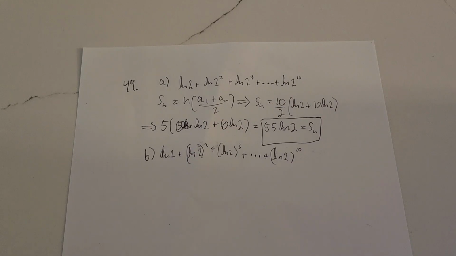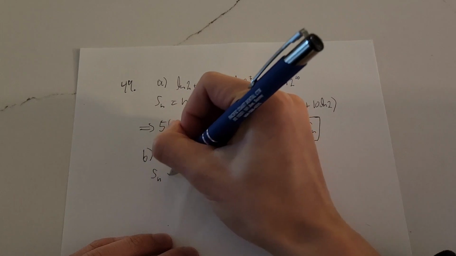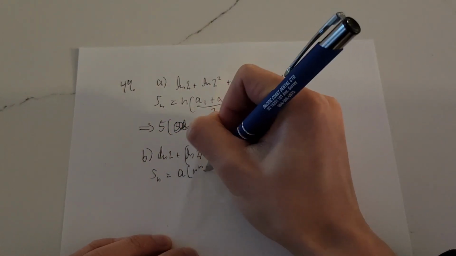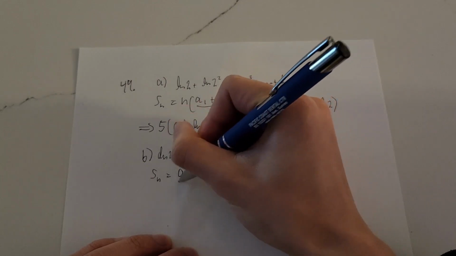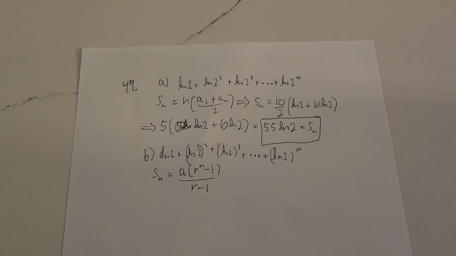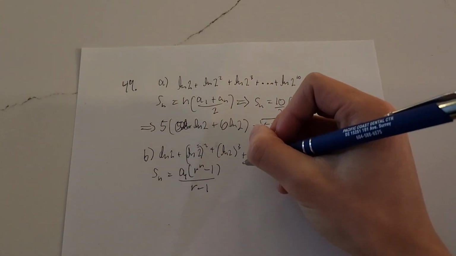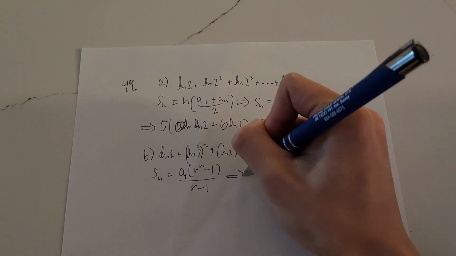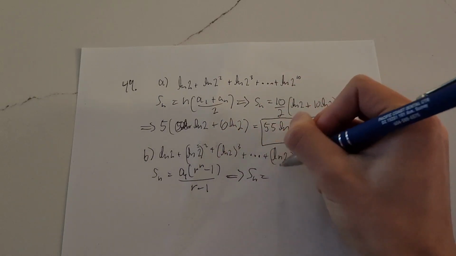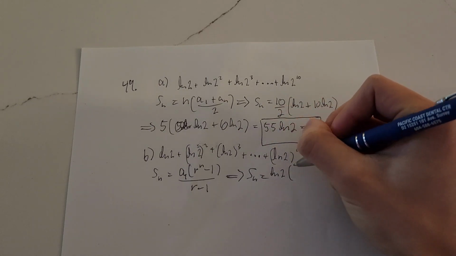So since a geometric series, its formula is going to be S sub n is equal to a times r to the n minus 1, all divided by r minus 1. We know that a, or a sub 1, is the first term. We can just plug this into the formula.